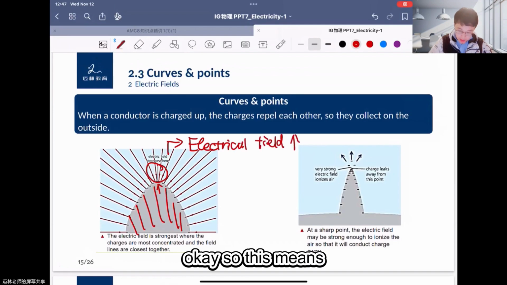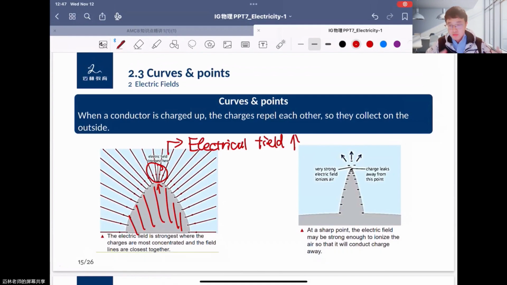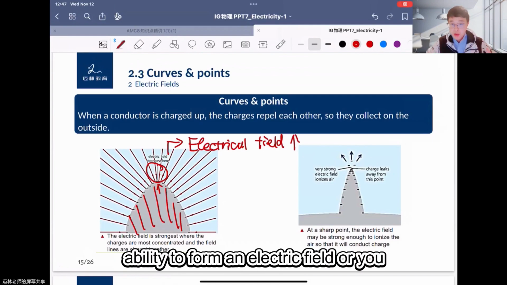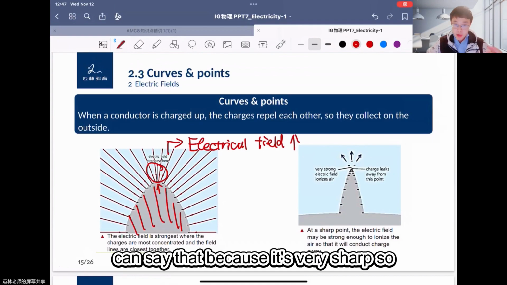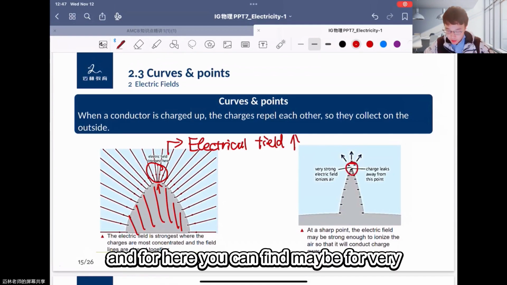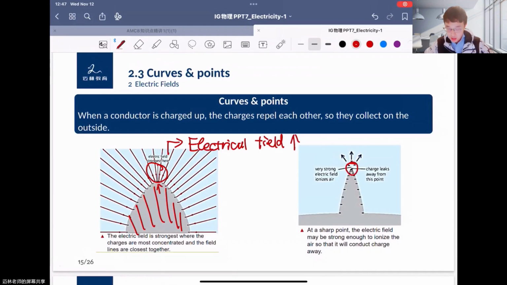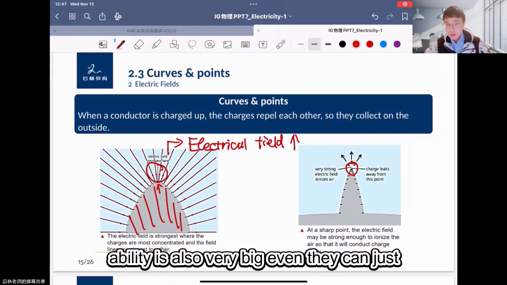So the electric field is very big, and it has a very big ability to form an electric field. Or you can say that because it's very sharp, it can form a very big electric field. For very sharp places, their ability is also very big.